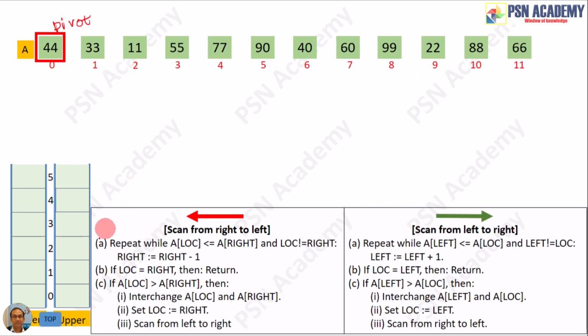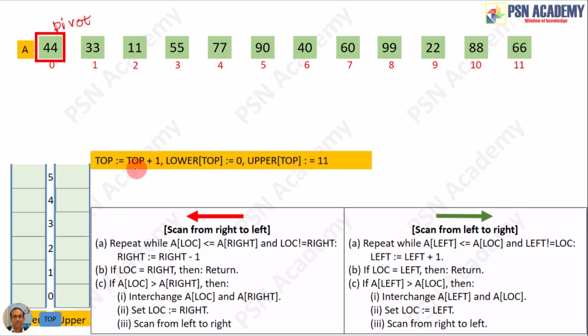Okay, you initialize top to -1 and then you follow this pseudocode. Set top to top plus 1. That means top is at -1 now. You bring top to 0 and you set lower top to 0 and upper top to n-1. So you will write like this, n-1. We have 11 here for this specific example, but you may have a different size of list.